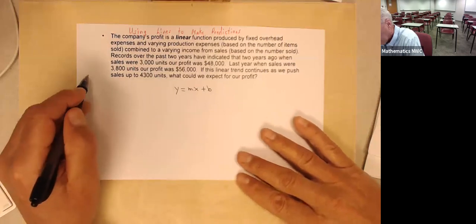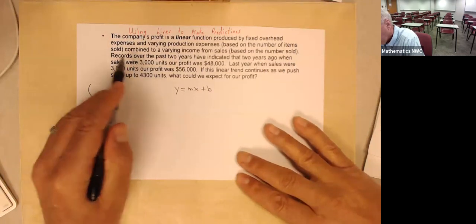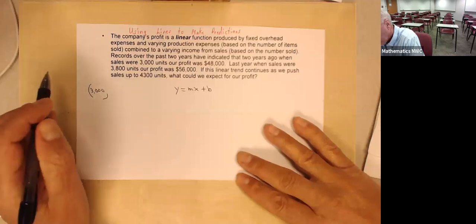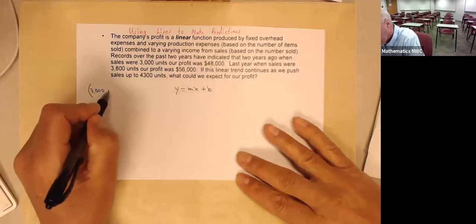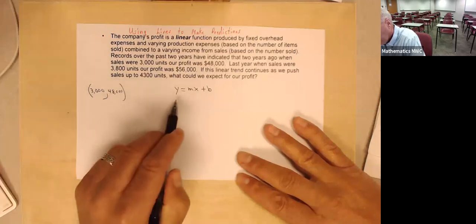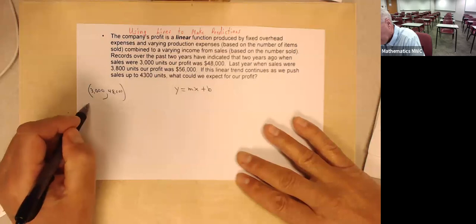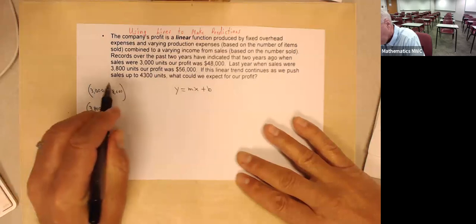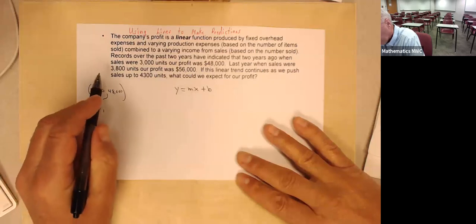It is like an ordered pair, 3,000 and 48,000. The second one is 3,800 and 56,000.